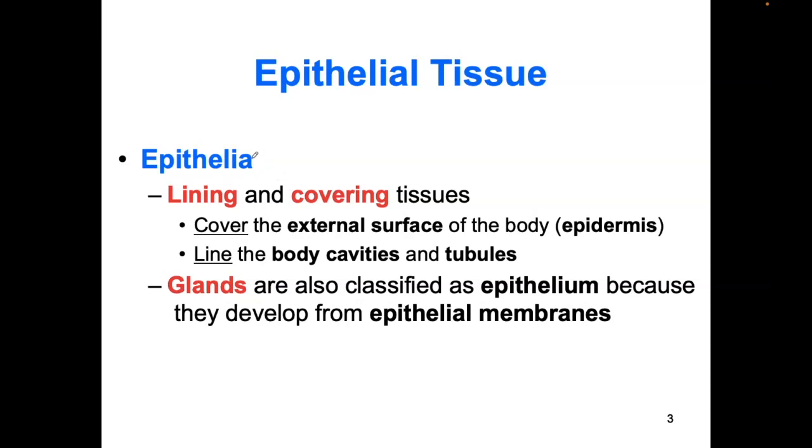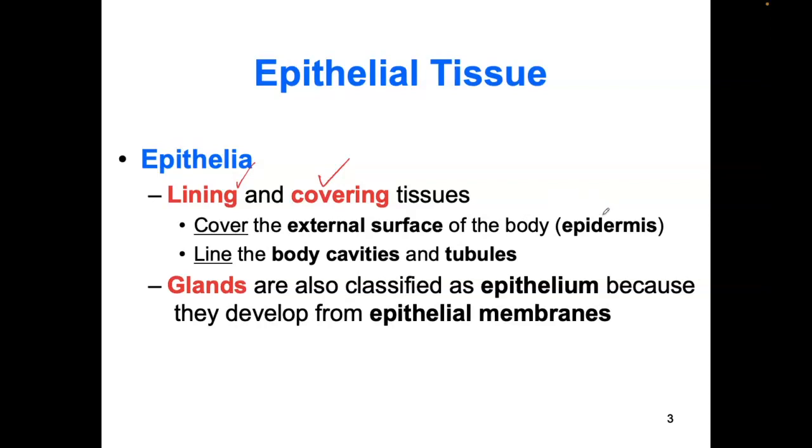Now, when you hear epithelium or epithelia, this is the type of tissue that deals with lining and covering. It's a lining and covering type of tissue. So when I think of what it is that covers the human body, I'm thinking about the outside of the body, the external surface of the body, which would be the skin.